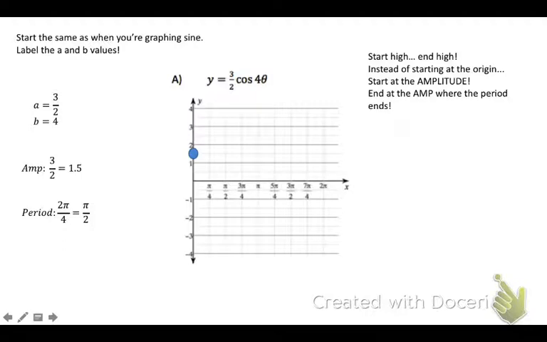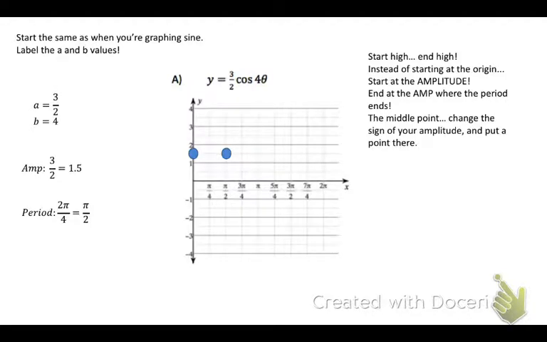So my period is pi halves, so I'm going to go to pi halves, go up to 1.5, and that's my other point. Okay, now to get the middle point, you go halfway between, which will be pi fourths, and instead of going up 1.5, I'm going to go down 1.5. So I'm going to go to negative 1.5 and draw a point right there.